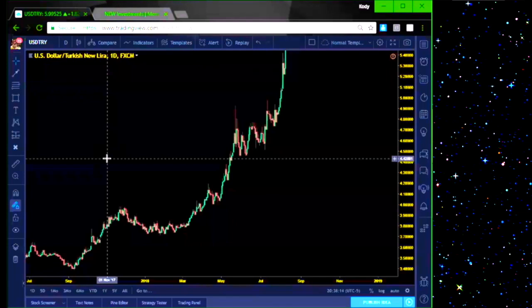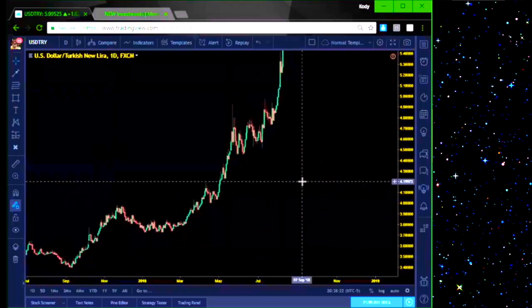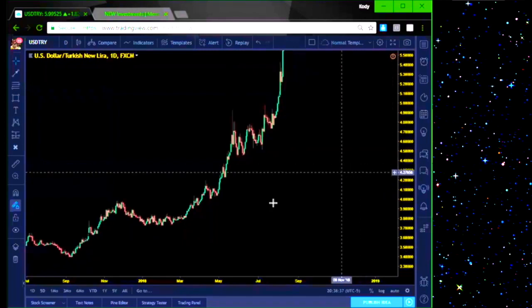For me, someone who likes to look at market structure, and honestly, a lot of big boys, a lot of hedge funds and institutional traders, they look at pairs like this for a lot of their trades as well. Reason being is because they respect fundamental technical analysis.